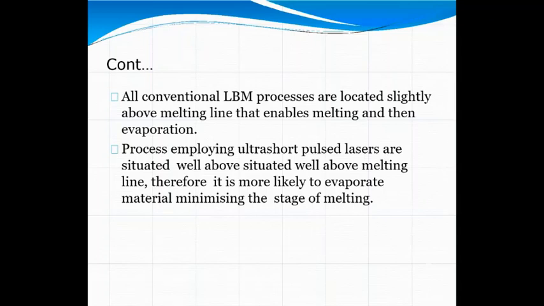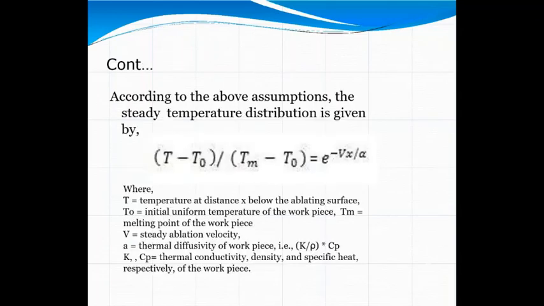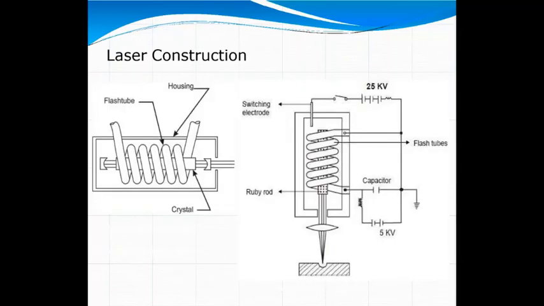The intensity of the laser beam does not vary with time; the laser beam is uniform. The calculation part you need not worry about at present. The video slide shows the laser construction.